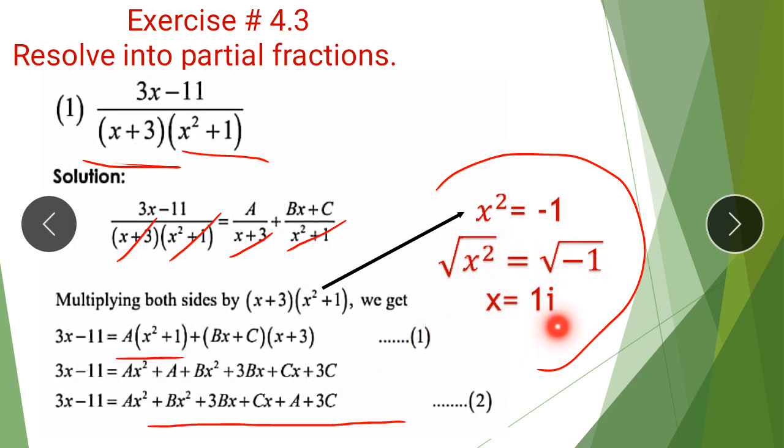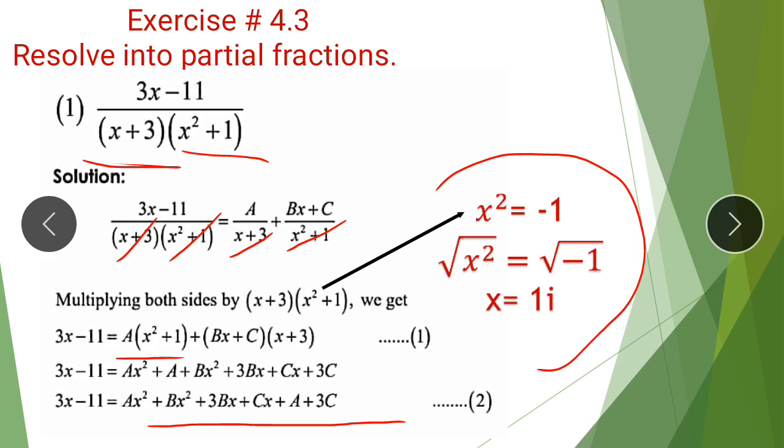We are not going to use an imaginary value of x, so we cannot derive the value of x from the quadratic factors. So in order to find the other unknown values, we are compelled to go with the equating coefficients method.